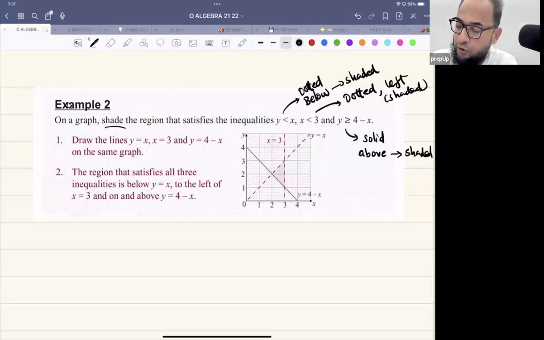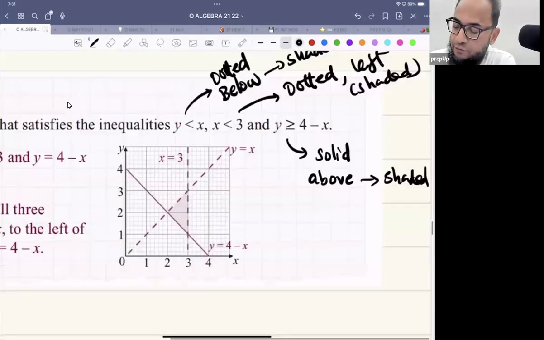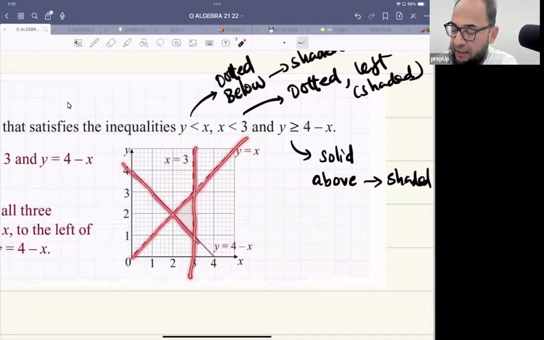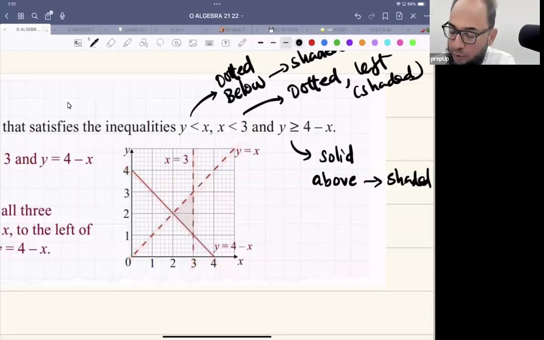So now let's focus on this. We have y equals x, that is dotted. It's below this line. So below could be anything like this. And x is less than 3. It's left of this line. So below this dotted line, left of this line, above this line. So therefore, this is the required region.